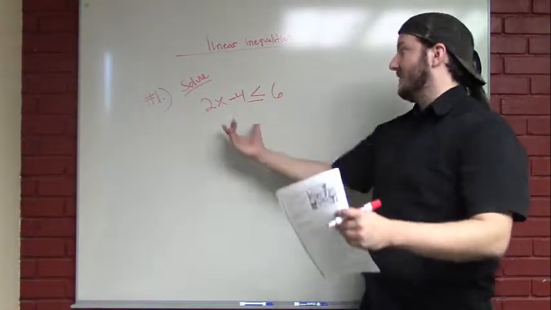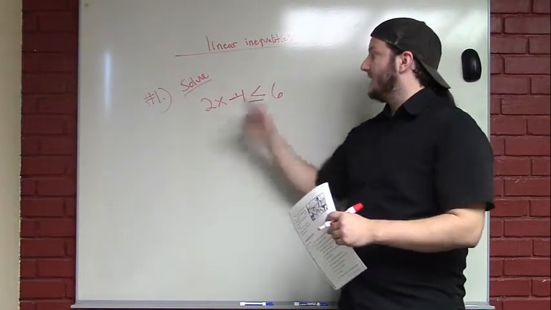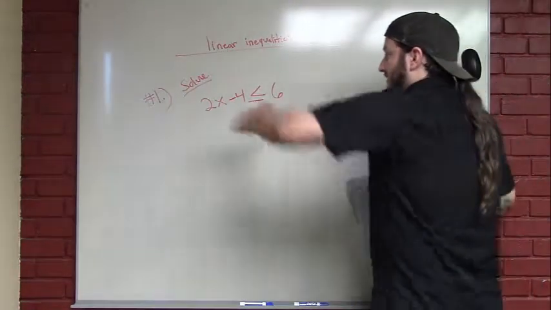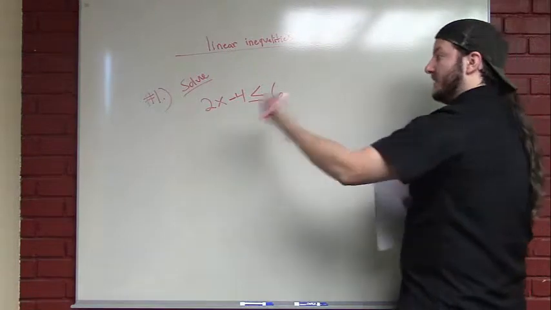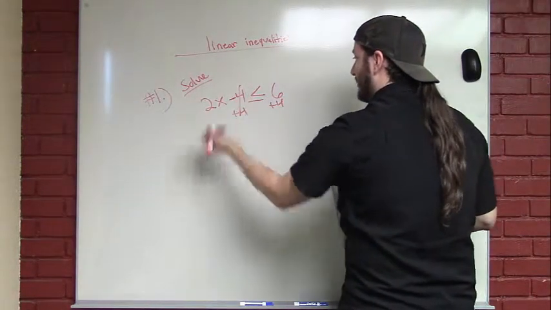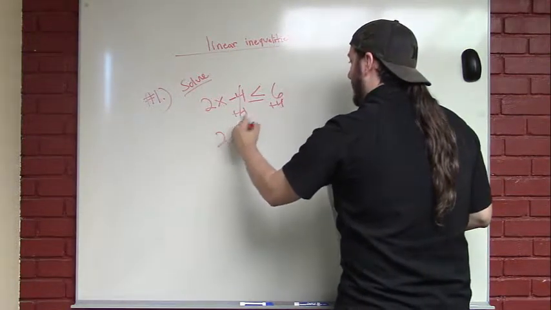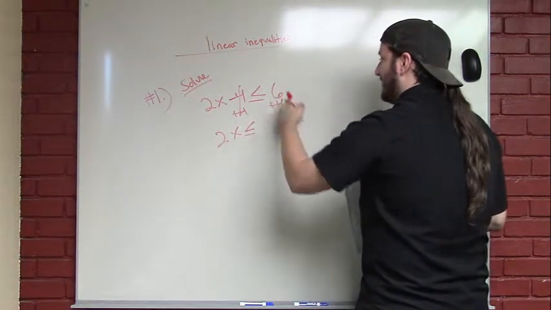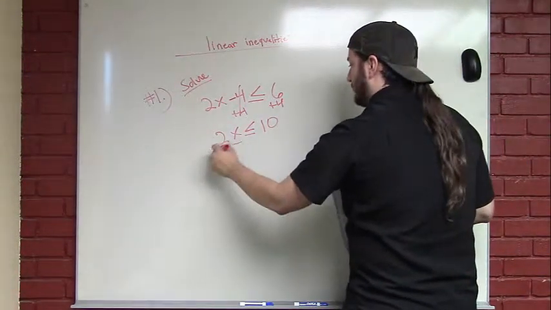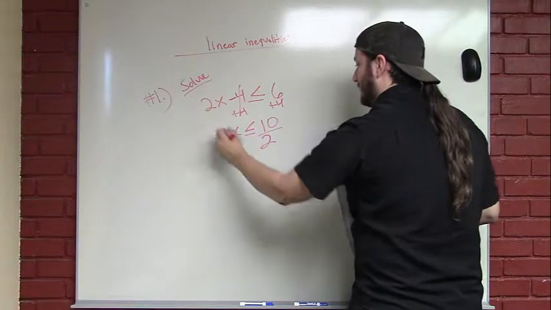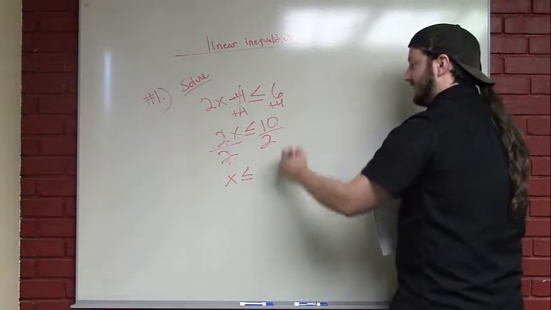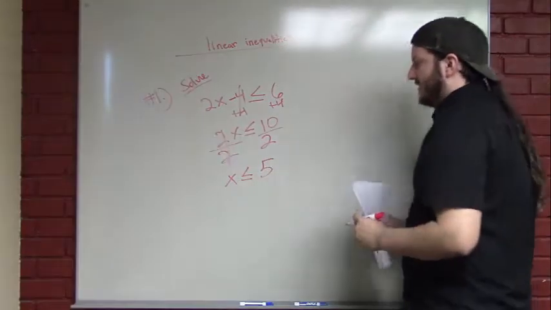Linear means line, inequality is why we got the symbol here. So you're just going to solve it like a normal equation. You're going to add 4 to both sides. Those go away. You have 2x is less than or equal to 6 plus 4 is 10. Divide by 2. X is less than or equal to, 2 goes into 10, 5 times.